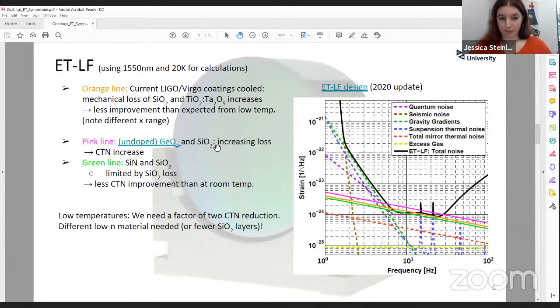In case of silica and germania, the loss of both materials increases a lot. In case of silica and silicon nitride, we don't lose as much in coating thermal noise, as only the silica gets worse, but it more or less dominates the coating thermal noise, and improving the silicon nitride actually can't help us very much. So we need either a different material or at least much fewer silica layers to further improve the coating thermal noise here.